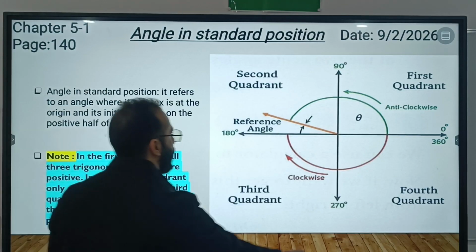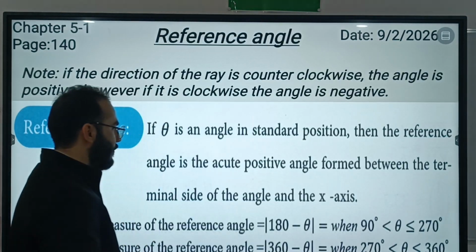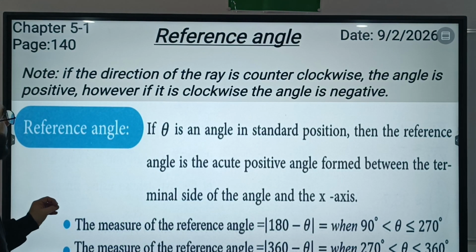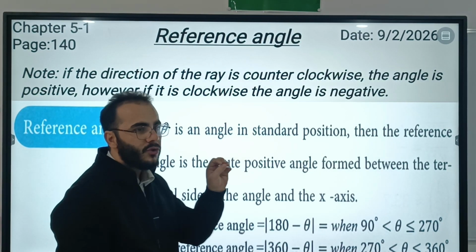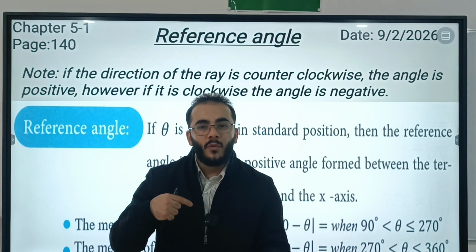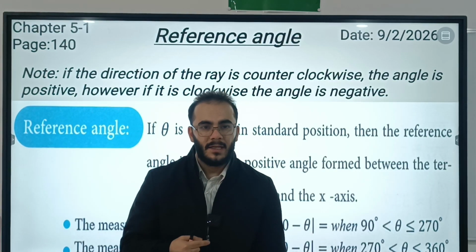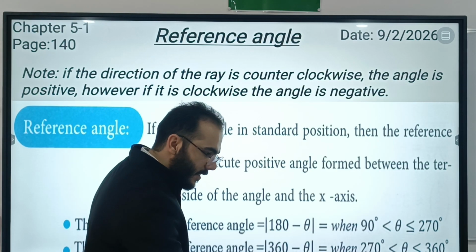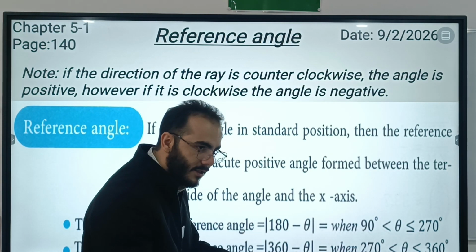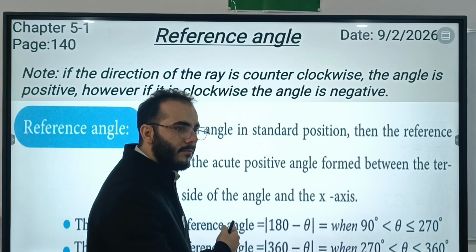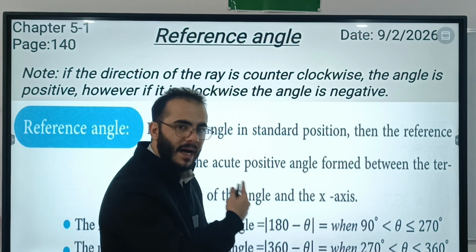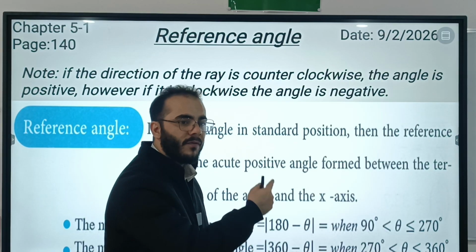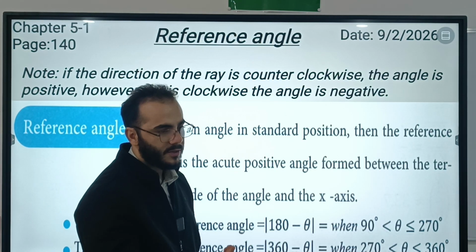Okay, the idea of reference angle is an important note here. There is a very beautiful note over here that we need to take care of. If you rotate clockwise, the measure of the angle would be negative. But if we move anti-clockwise, or we can say counterclockwise, the measure of the angle would be positive.